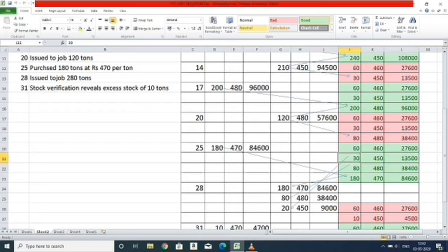In that way, we find our 280 tons: 180 from our last lot, then 80 from the previous, and then 20 from this 30. Then in this 30, the remaining balance is only 10 tons. 30 minus 20, 10 tons.